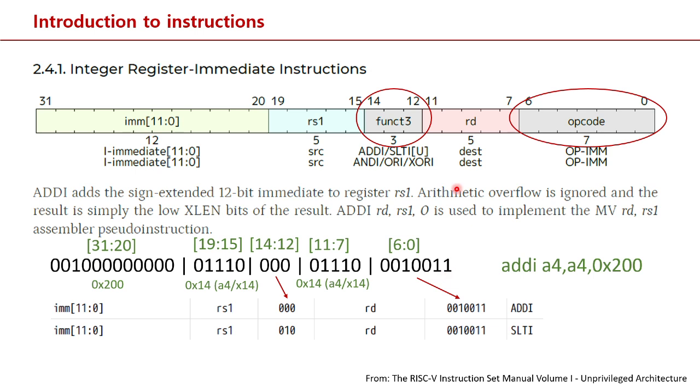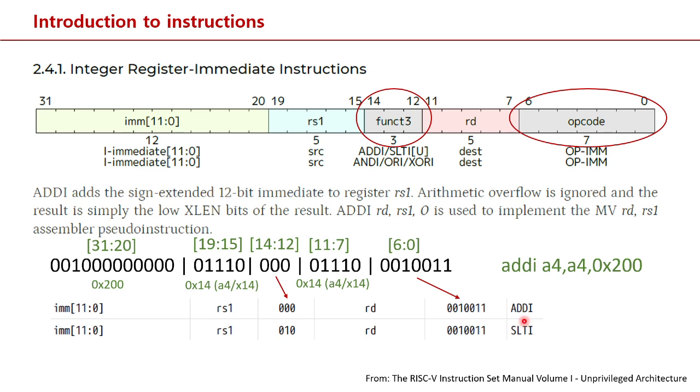The next thing you have to look at is bits 12 to 14, which represent the functionality of this assembly instruction. For this binary value, bits 12 to 14 are 0. So combining the two pieces of information, you can derive that the machine code is the ADDI assembly instruction.